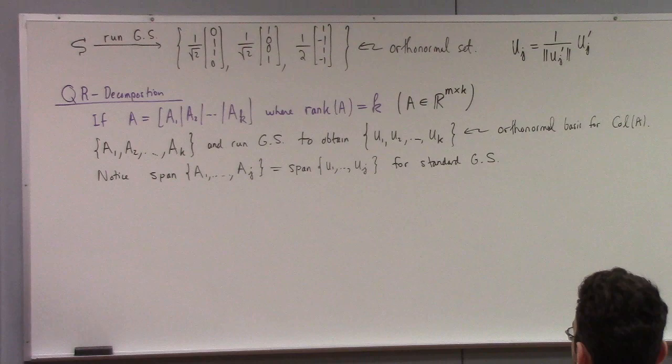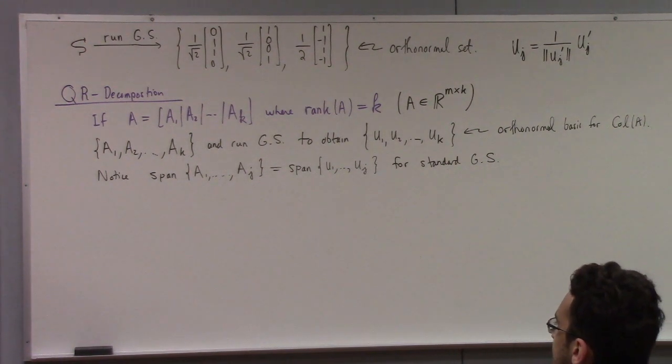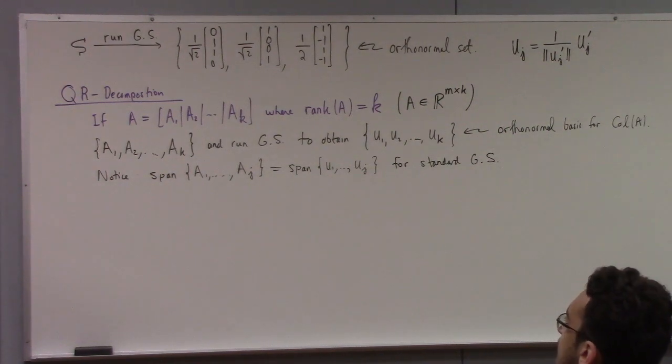For example, in our current situation, we'd have U2 prime equals A2 minus A2 dot U1 prime divided by the length of U1 prime squared, times U1 prime. And so you can see that A2 is an element of the span of U1 prime, U2 prime, because you can solve that for a linear combination for A2, right?